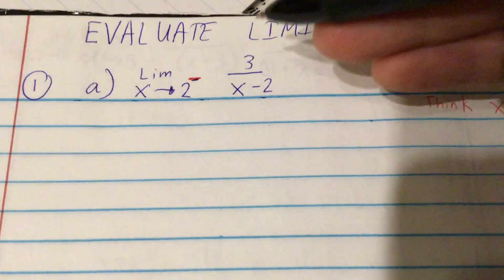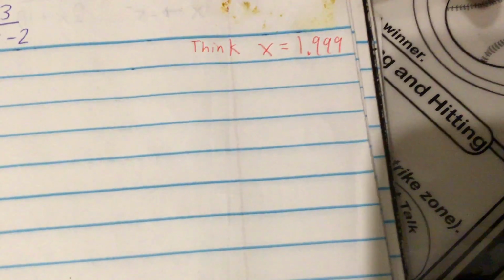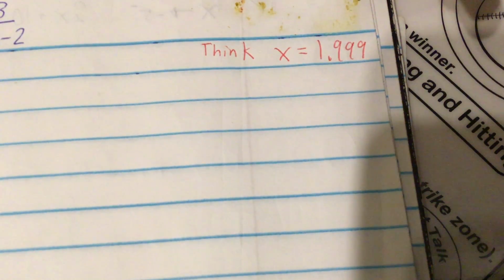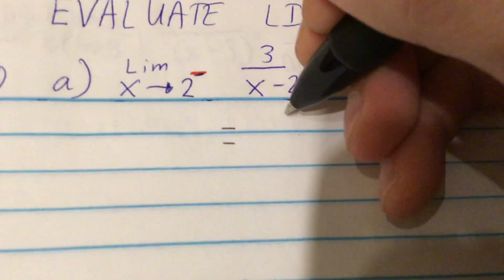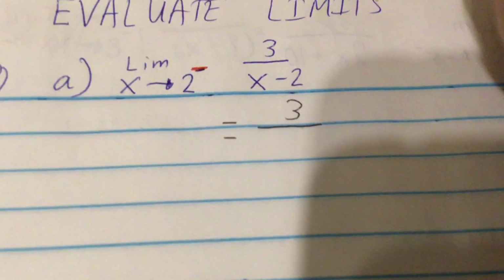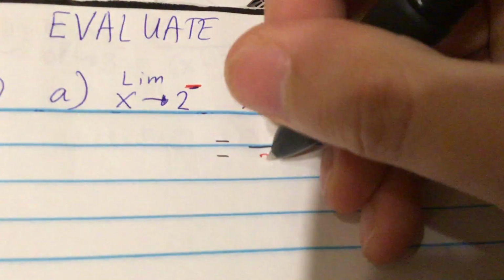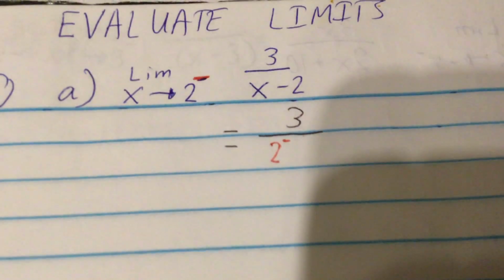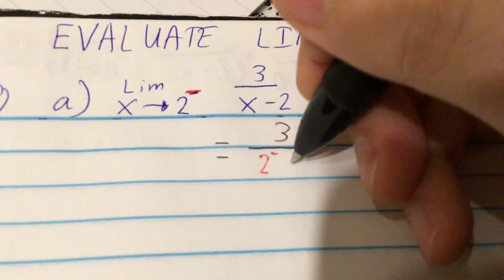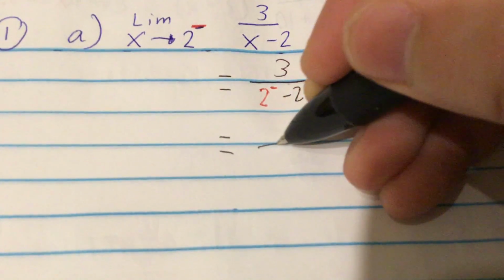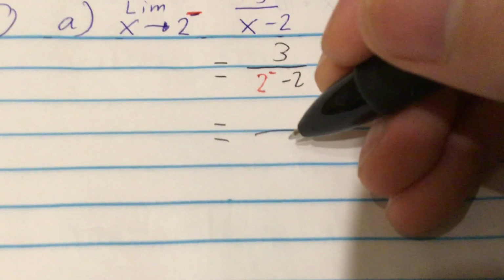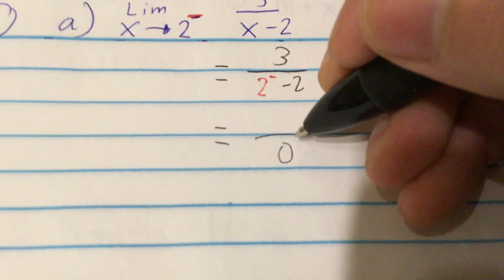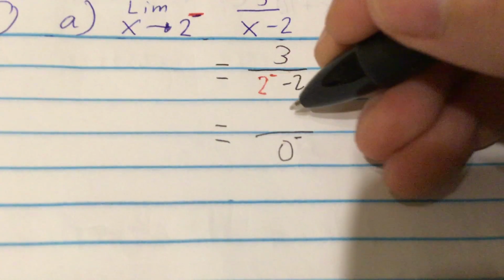So if I plug in the left-hand limit as x approaches 2, think to yourself 1.9999999. So I'm going to go with 3 over the left side of 2 minus 2. So if I do 1.9999999 minus 2, that's going to be barely negative. So that's going to be 0, but we're approaching 0 from the left side.